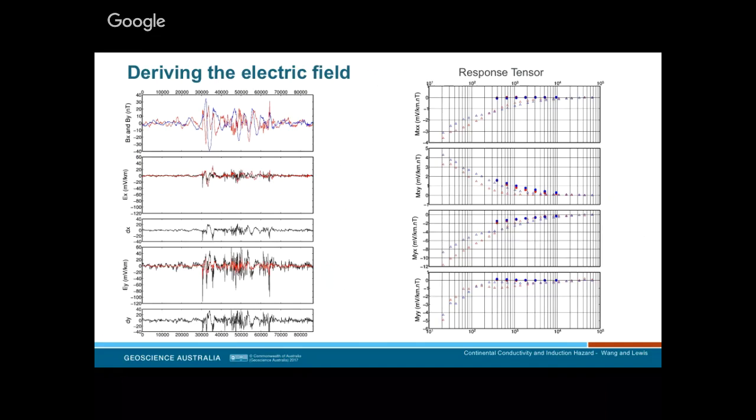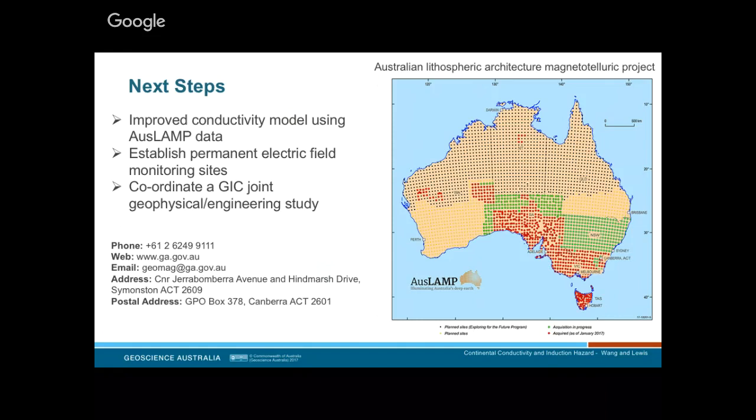Okay. So this probably is a Jingling's figure. This image shows the proposed, in progress and completed OSDAM program stations. Once those OSDAM data become available, we can derive a far more detailed electrical conductivity model, and that model can be used for the GIC study in Australia.